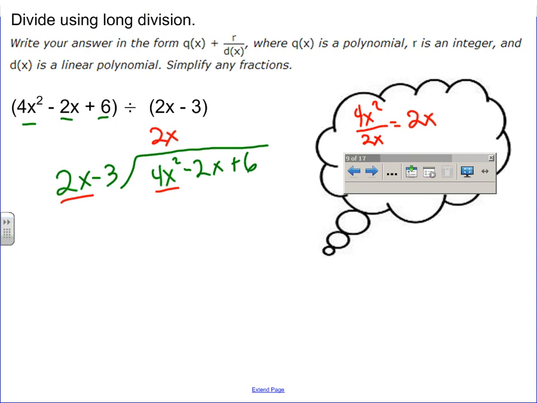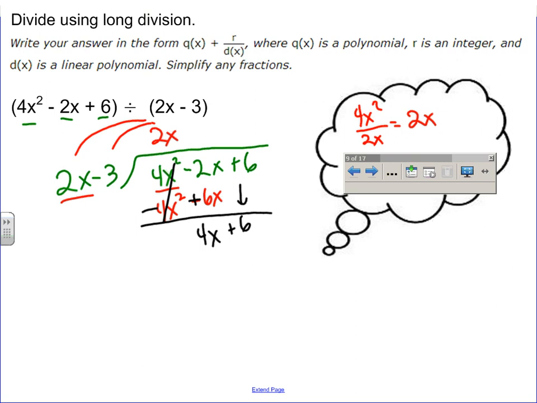Now I multiply that back by both terms, so I get 4x squared minus 6x. I'm subtracting that entire thing, so change, change, add down. These cancel out as they always should, and you get 4x plus 6.